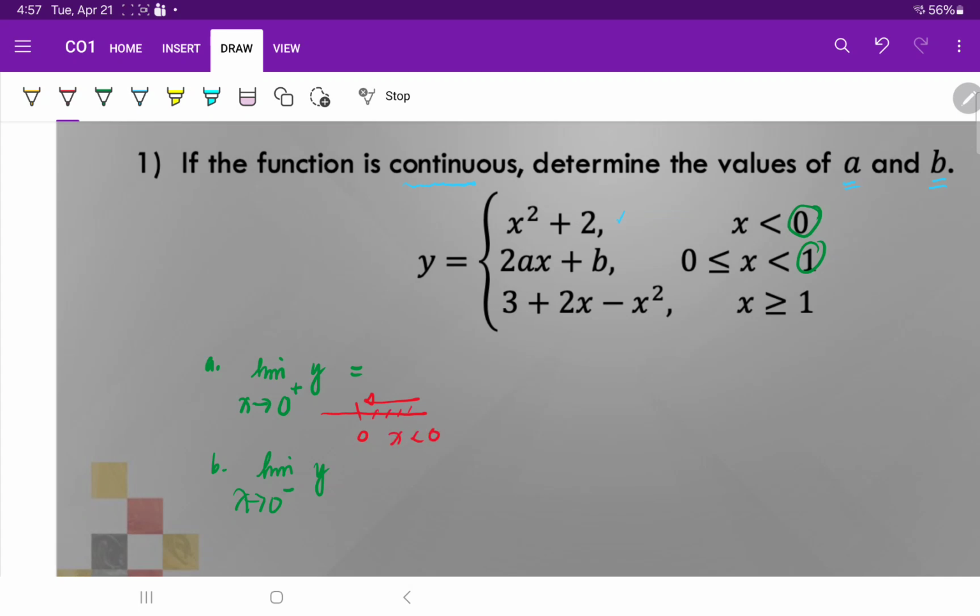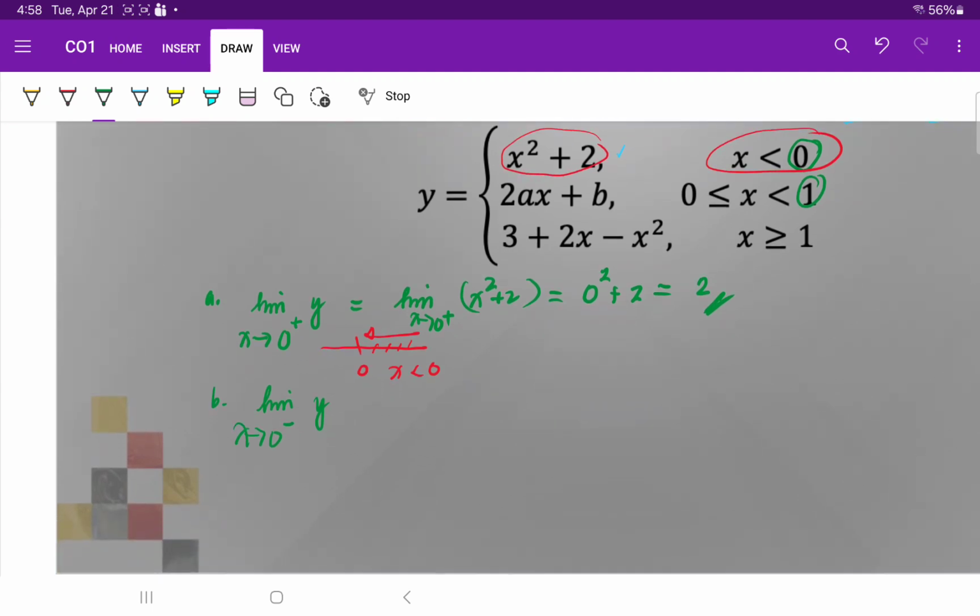And which rule of association is for x less than 0? That's this one, x squared plus 2. So we find the limit of x squared plus 2 as x approaches 0. If you substitute 0, 0 plus 2 is equal to 2.